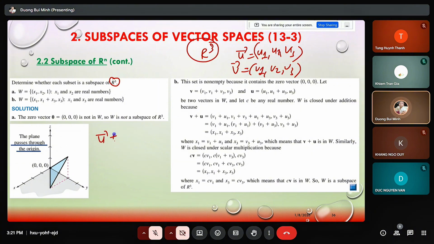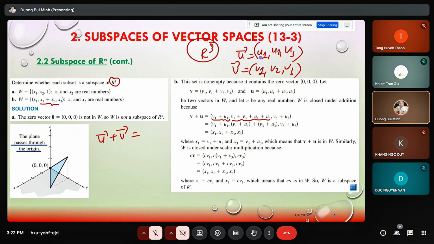So if we have U plus V, you get what? You get U1 plus V1, and then U1 plus U2 plus V1 plus V2, because you need to follow this set, you know. x1 plus x3.